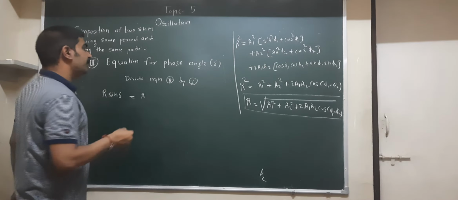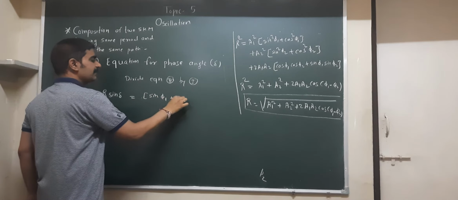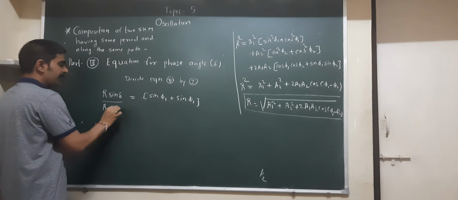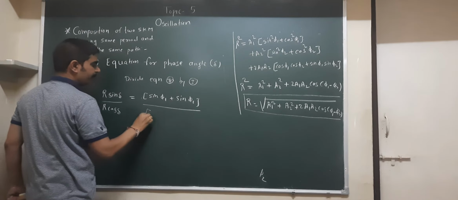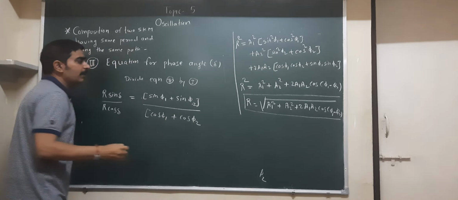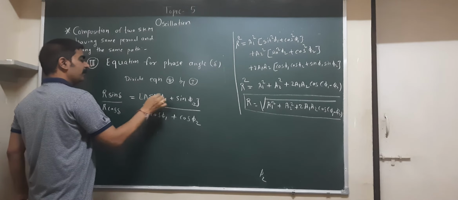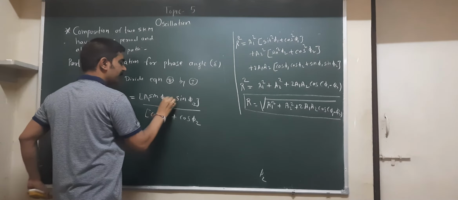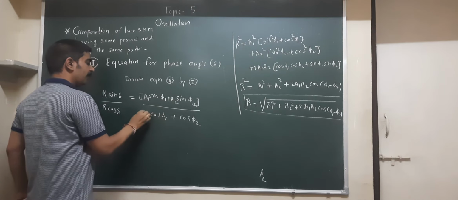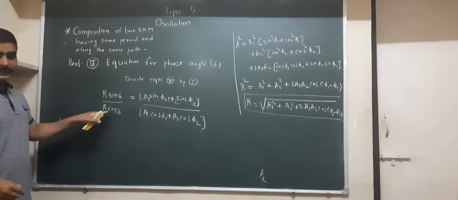We have considered that formula: a1 sin phi 1 plus a2 sin phi 2, divided by r cos delta, which is a1 cos phi 1 plus a2 cos phi 2. Okay, now sin upon cos is nothing but tan.